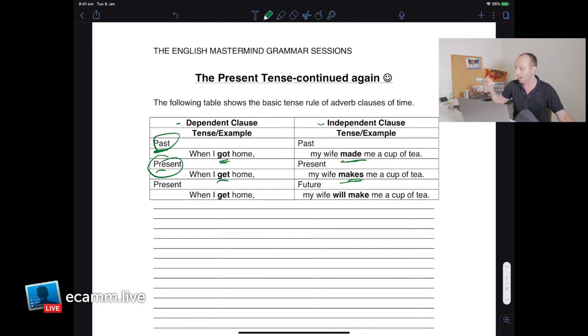And then another way is present dependent clause, when I get home, and now I'm talking about the future, my wife will make. So when we're writing bigger sentences and talking about time, we have to think: when, past and past; present, present; present, future. Cool? You really should write examples based on that.